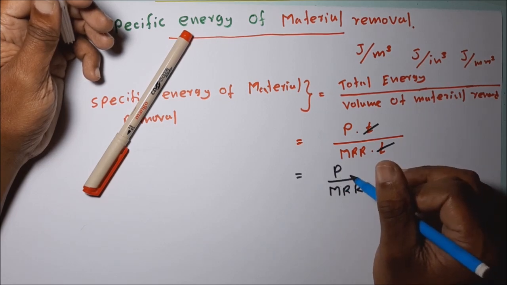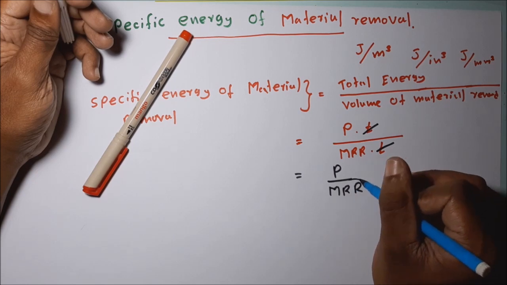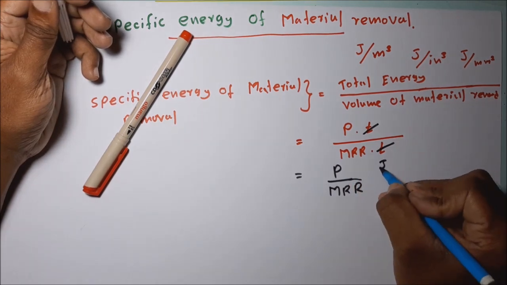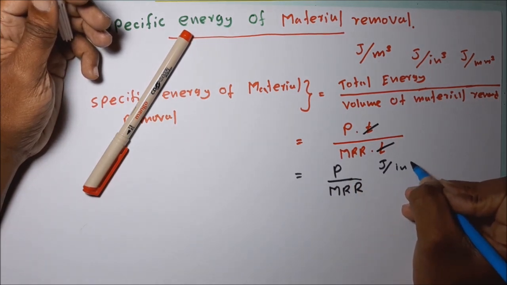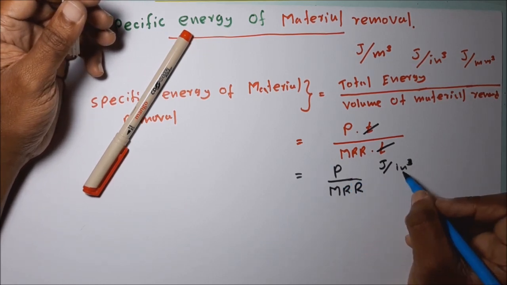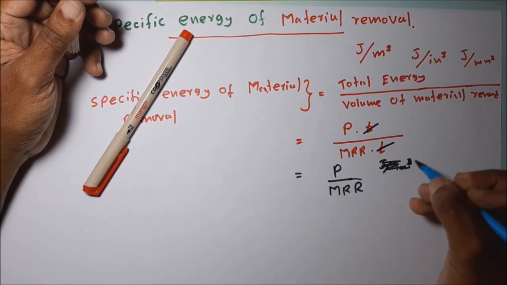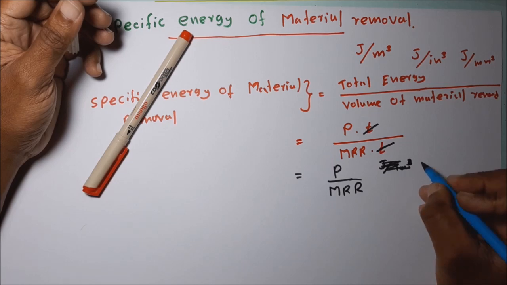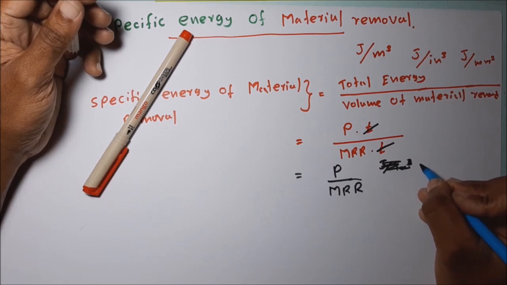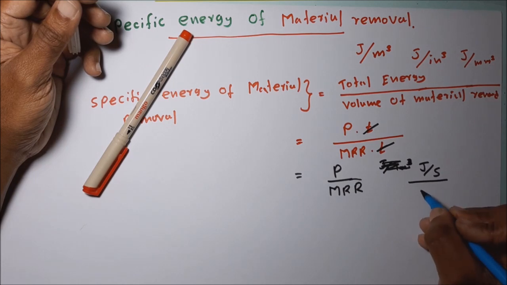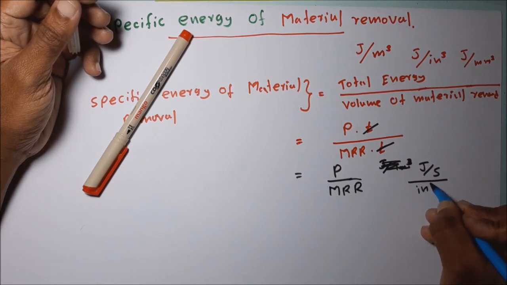For example, if the machining power is in joules per second, the material removal rate should also be in cubic inches per second.